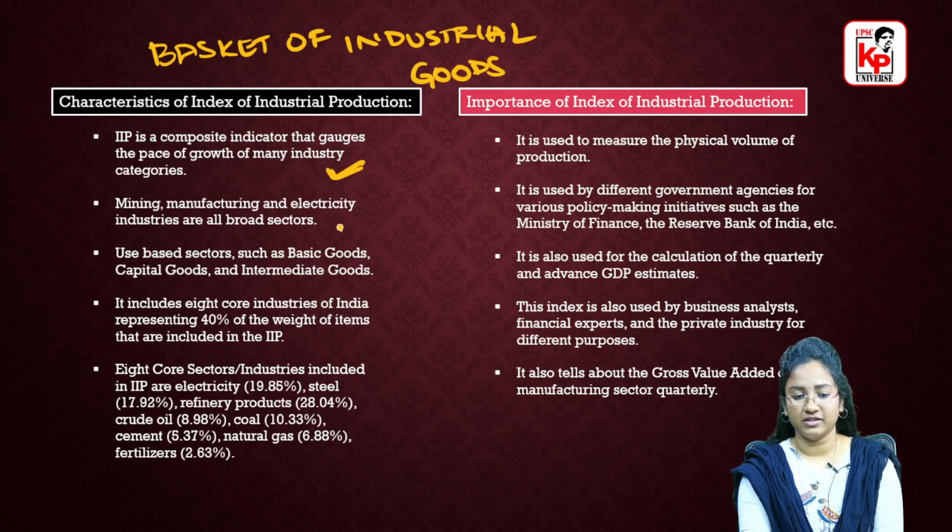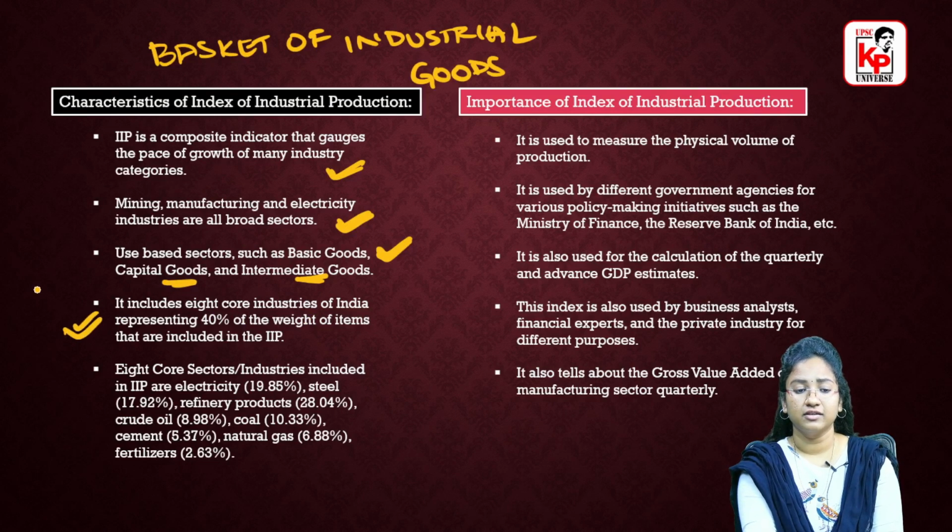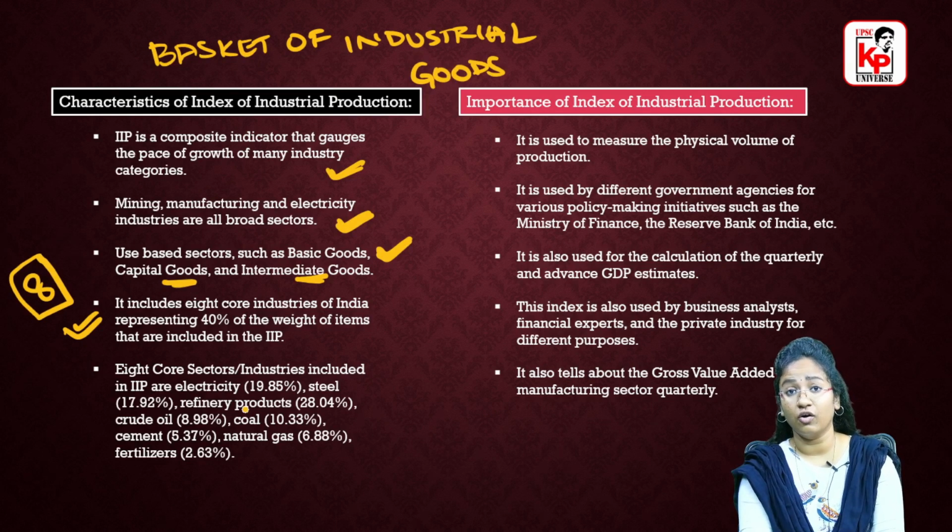Mining, manufacturing and electricity are the broad sectors, and the use-based sectors are basic goods, capital goods and intermediate goods. And it includes 8 core industries. We have seen the 8 core industries, and also discussed the decreasing order of their weightage in IIP. They represent 40% of the weight of items included in IIP.